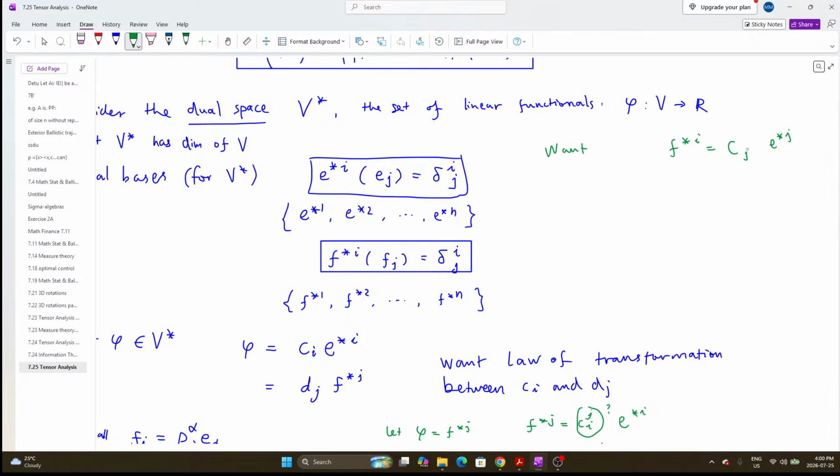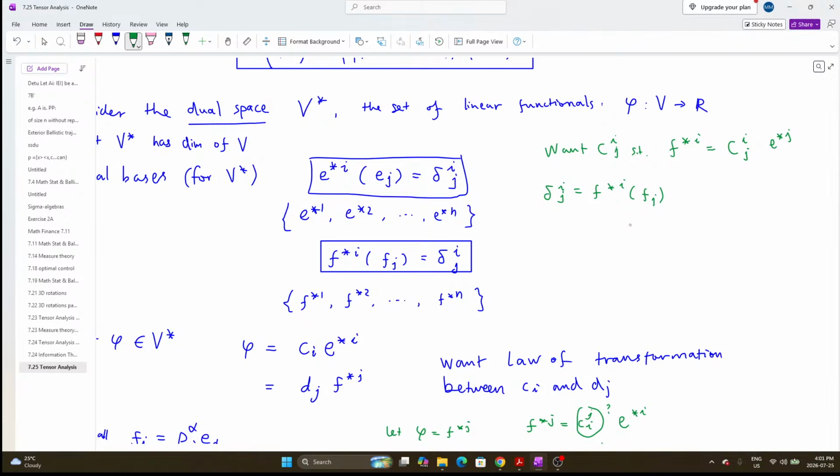So j downstairs, i upstairs. So you want C^i_j so that this is true. Okay, and then use the defining property. Delta ij equals f star i acting on fj.